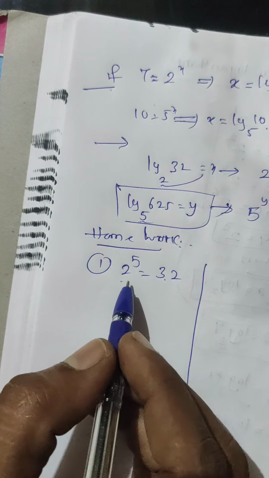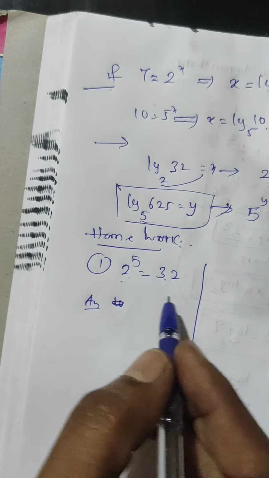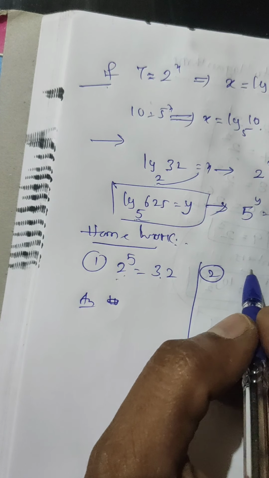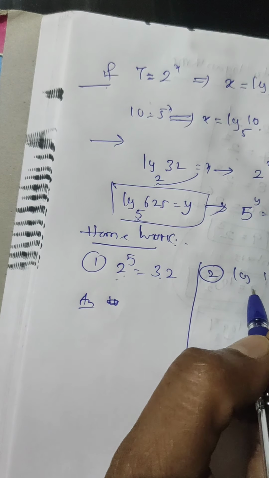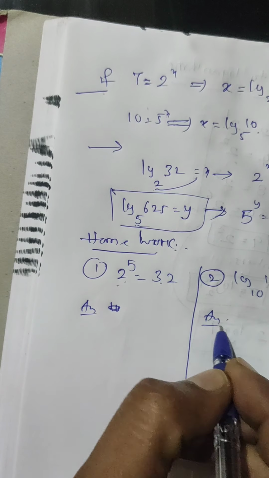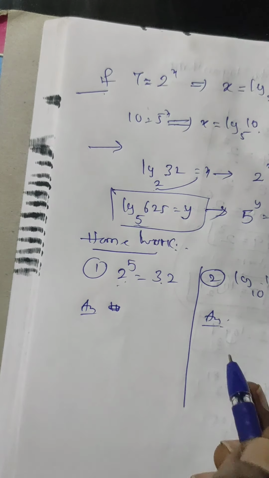This is exponential form; you have to convert this into log form. And for the second model, if log form is given, for example, log 1000 base 10 is 3, this is log form, so convert this into exponential form.